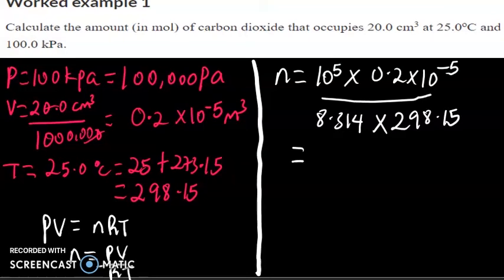I intentionally left out the units. So for n at the end, you'll get 8.08 times 10 to the power minus 4 mole. So this is what we'll get at the end of the calculation. Let me know in the comment section.